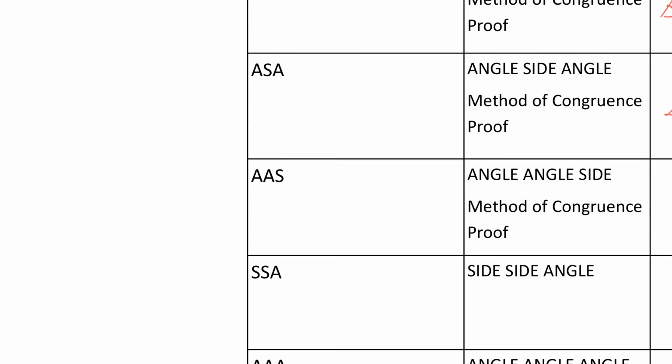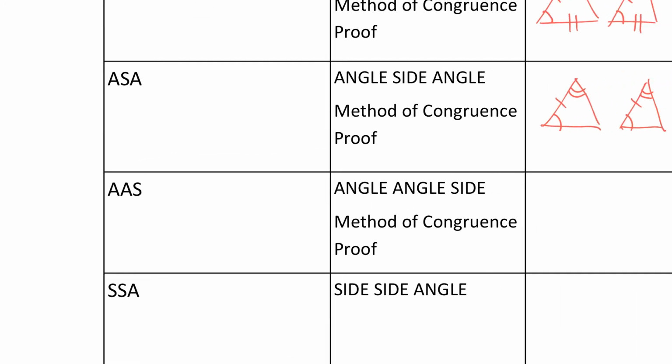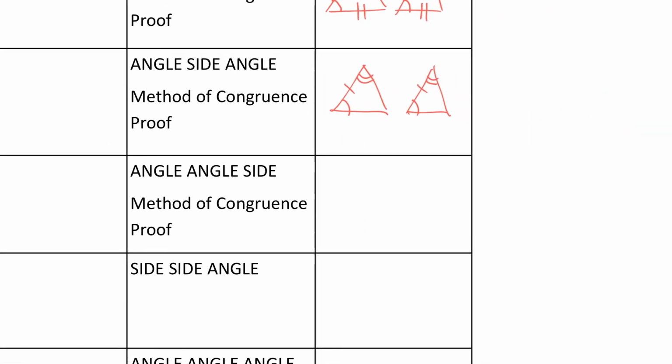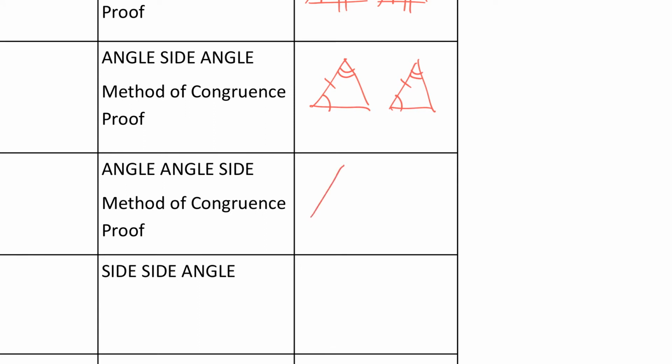Next one is AAS. What does that stand for? Angle angle side. So it's going to be like this. This angle is congruent to this angle. This angle is congruent to this angle. And then this side is congruent to this side.